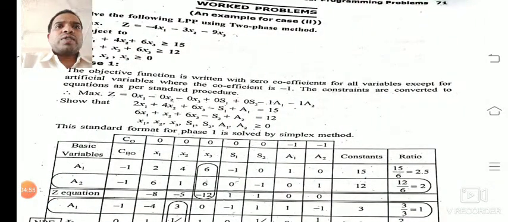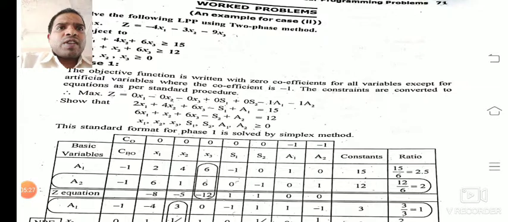Maximize Z equals 0x1 minus 0x2 minus 0x3 plus 0s1 plus 0s2 minus 1a1 minus 1a2, with constraints 2x1 plus 4x2 plus 6x3 minus s1 plus a1 equals 15, and 6x1 plus x2 plus 6x3 minus s2 plus a2 equals 12. All the surplus variables and artificial variables x1, x2, x3, s1, s2, a1, a2 are greater than or equal to 0.